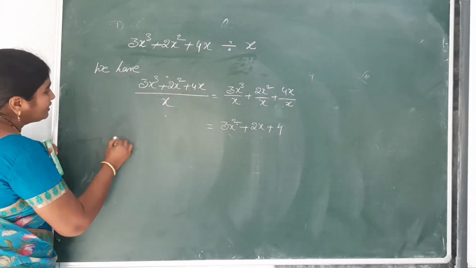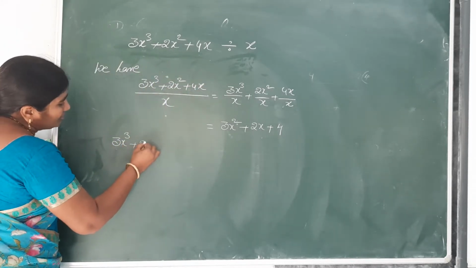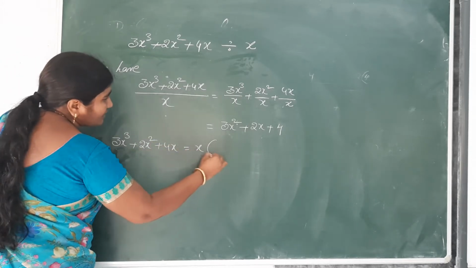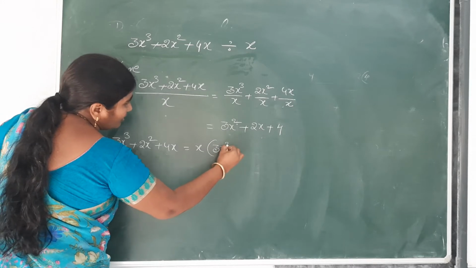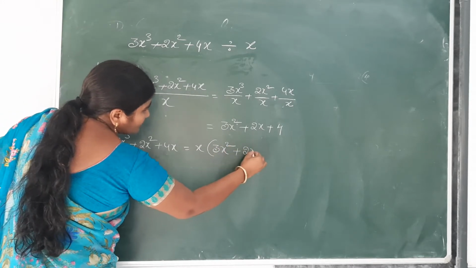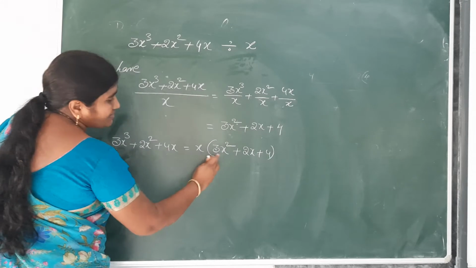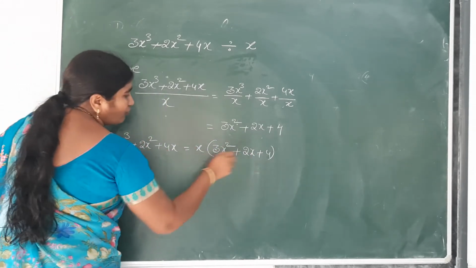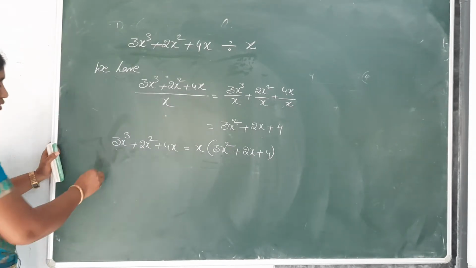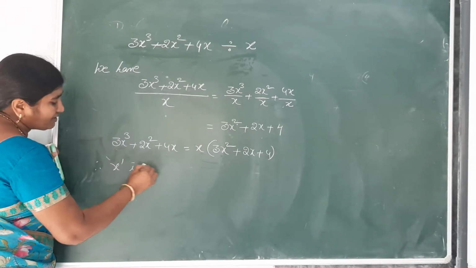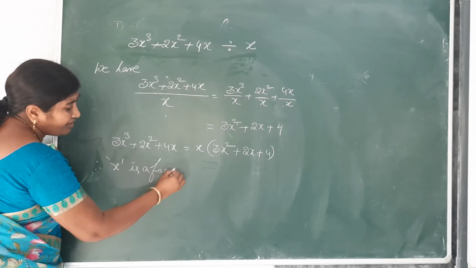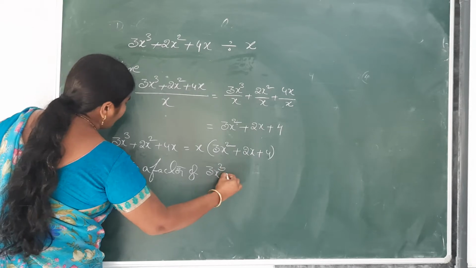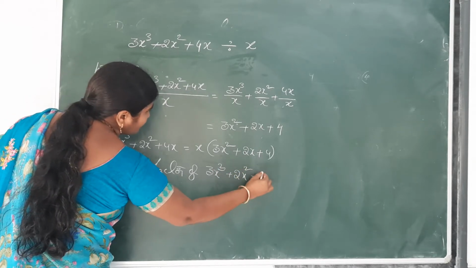We can write 3x cube plus 2x square plus 4x equal to x into 3x square plus 2x plus 4. x into 3x square is 3x cube, x into 2x is 2x square, x into 4 is 4x. Therefore, x is a factor of 3x cube plus 2x square plus 4x.